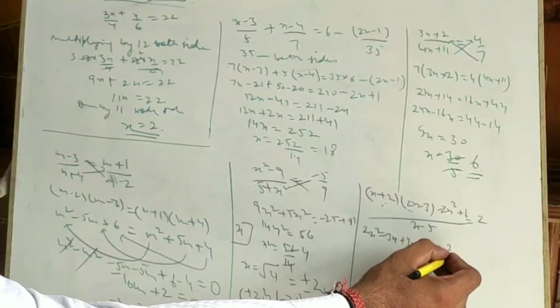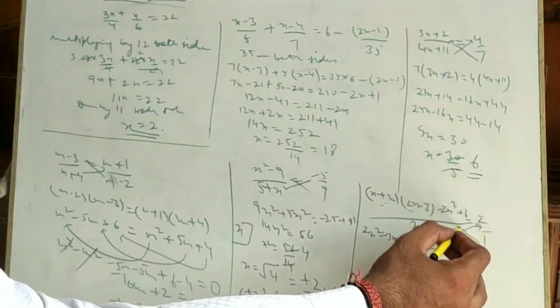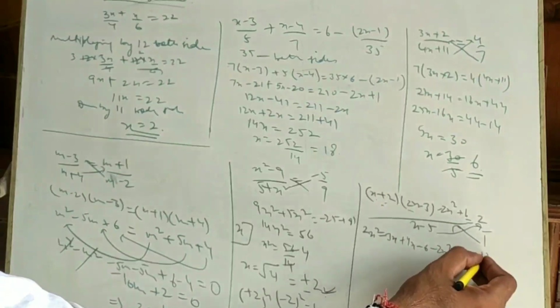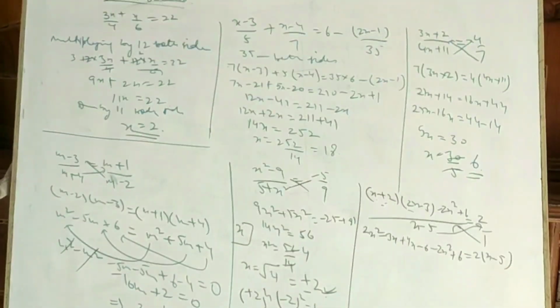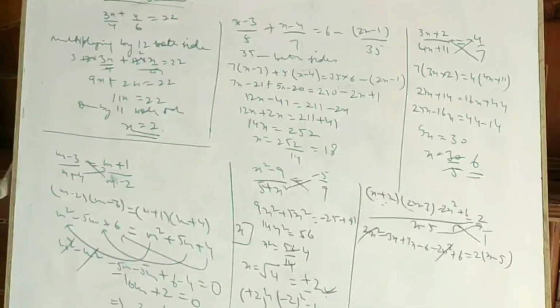Here we have minus 2x square plus 6, and we have done cross multiplication, so it becomes 2 into (x - 5). So this is 2x square, and this is minus 2x square, it will become 0.